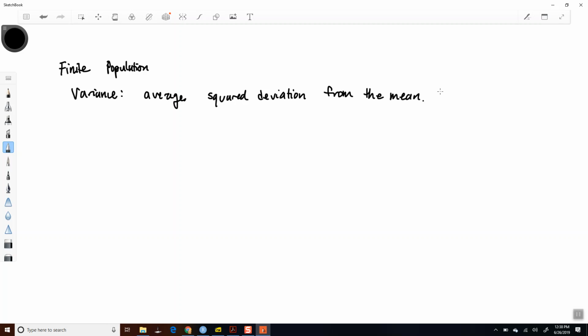We know this, right? So we would take each x, subtract off the mean, square it, add them up, and divide by n. This is the variance of x.